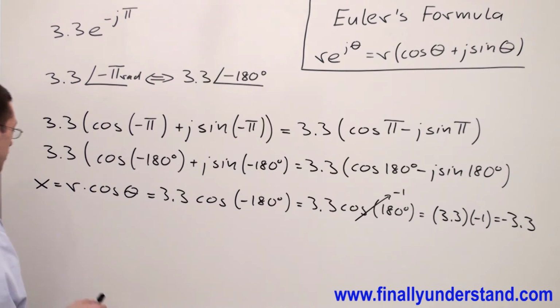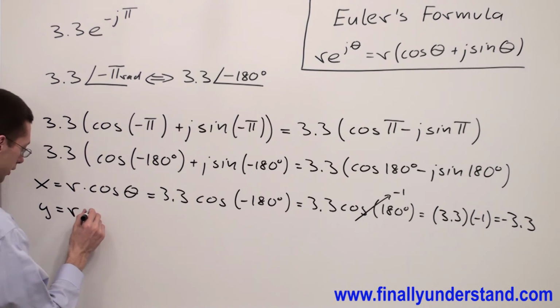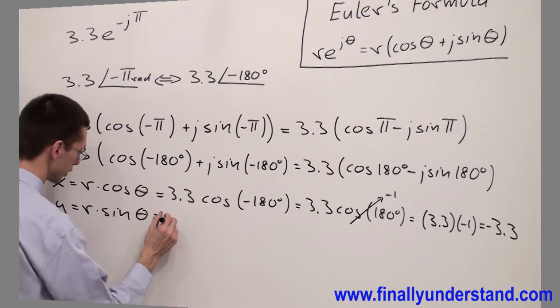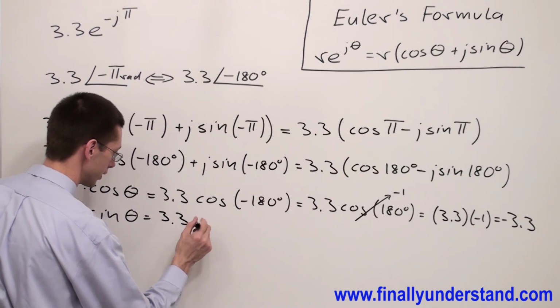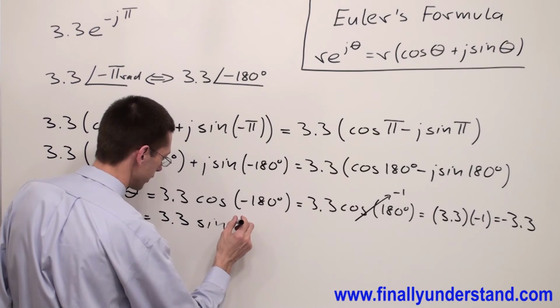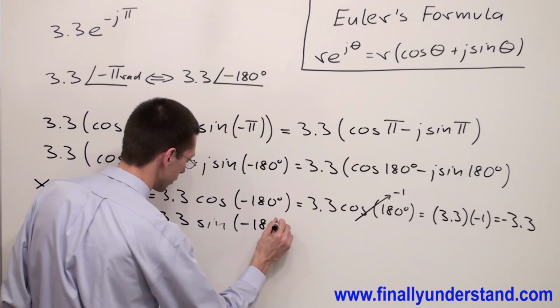When it comes to the imaginary part, y is equal to r times sine theta. So I have 3.3 sine of negative 180 degrees.